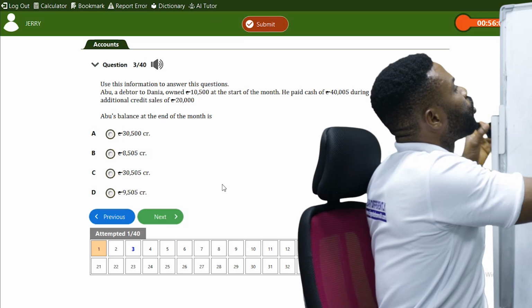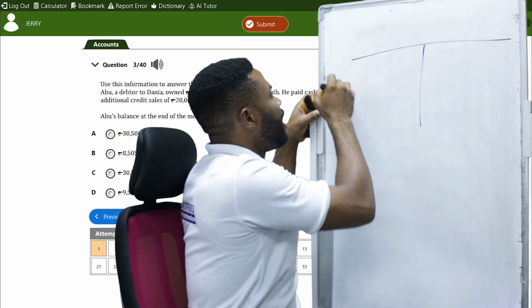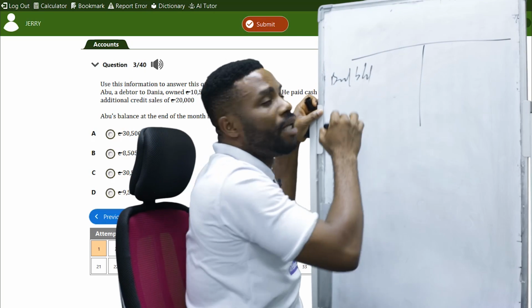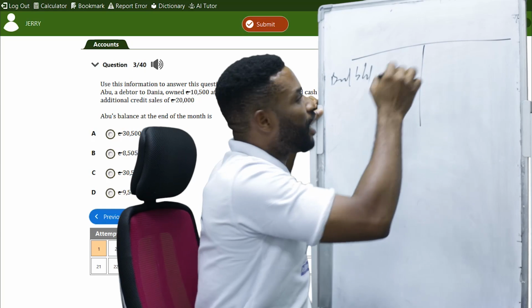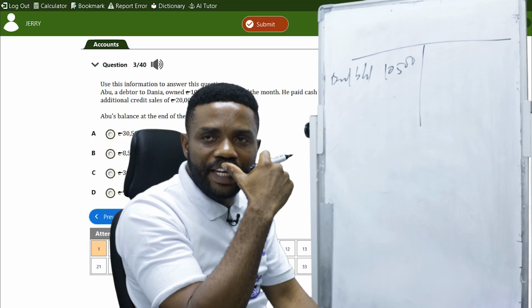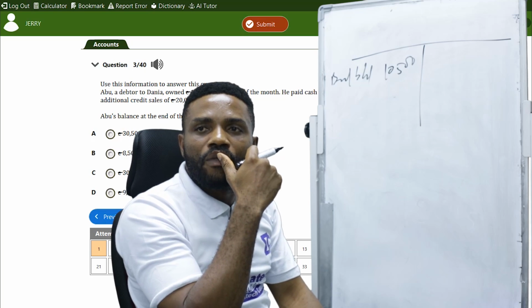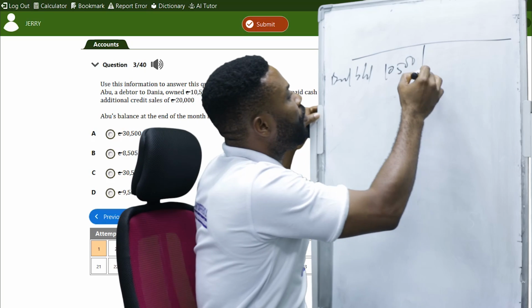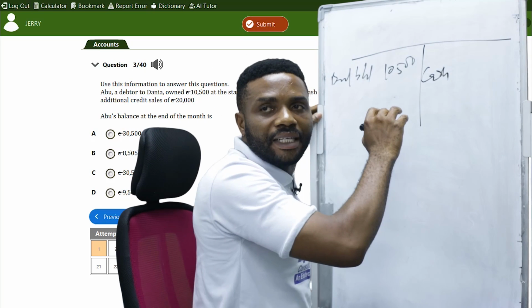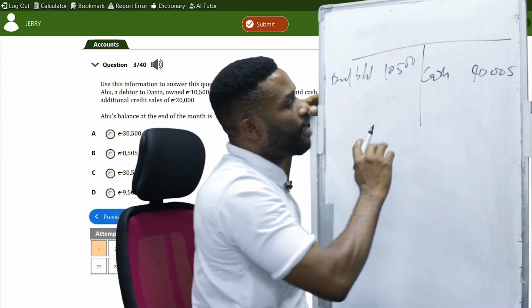So if we want to draw our account here, at the beginning, our balance brought down is 10,500. He paid cash, so you come here and write cash. The cash that is paid here is 40,005.